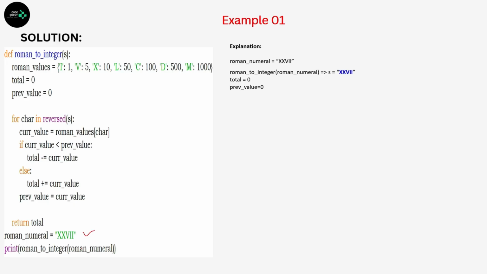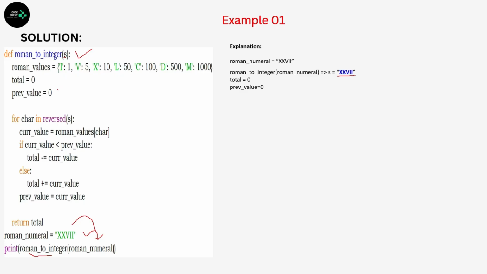Later we call the function romanToInt, passing this string as an argument. So when the control reaches this function, S receives XXVII.